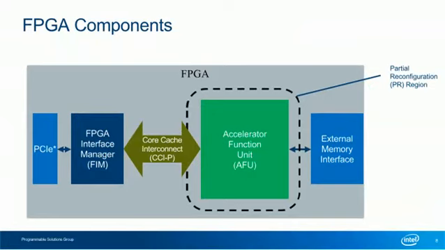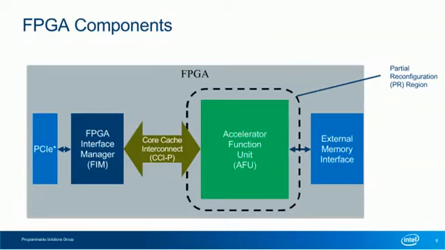On the FPGA, here are the components that enable communication to the Xeon CPU and the software stack. The FPGA interface includes an interface to the main processor, either PCIe as shown or UPI on multi-chip package products. This is connected to the FPGA Interface Manager, or FIM, that handles the translation of commands and responses from the PCIe to and from the Accelerator Function Unit.